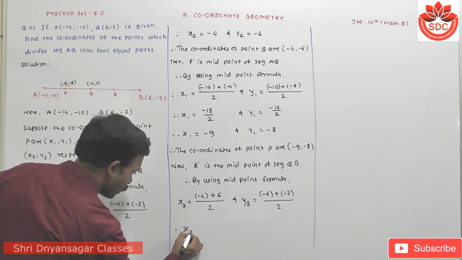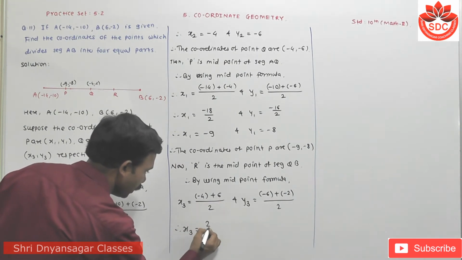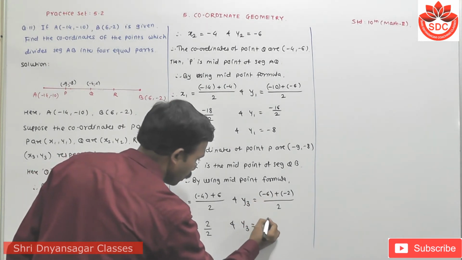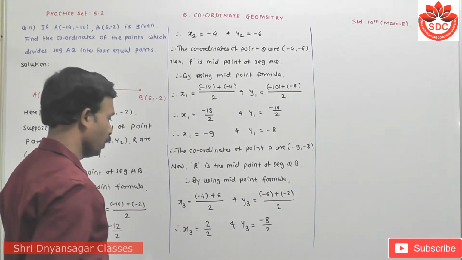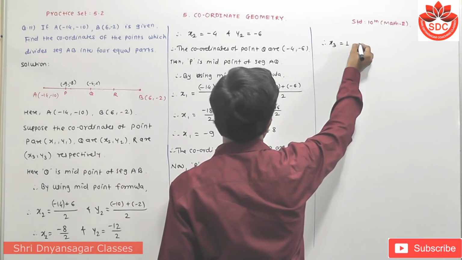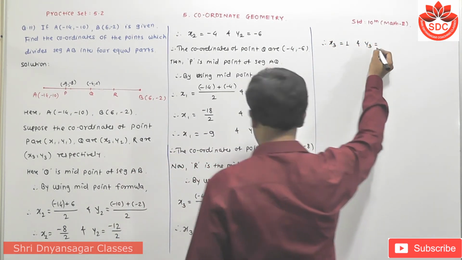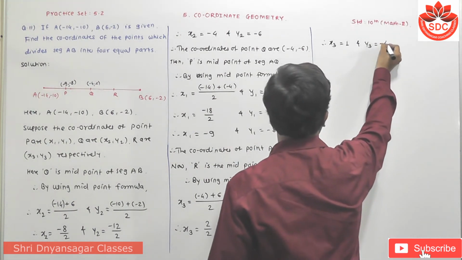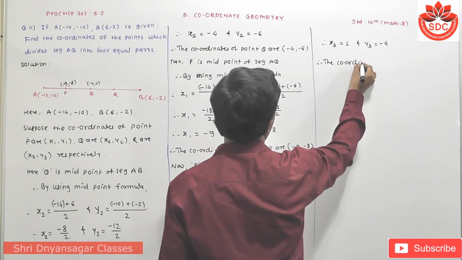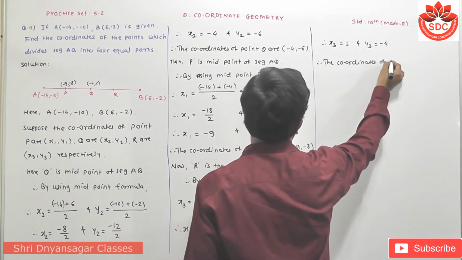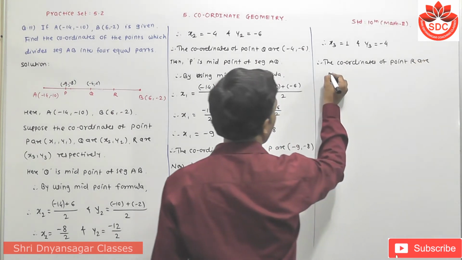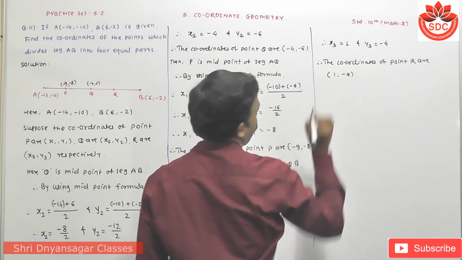Therefore, x3 is equal to 2 upon 2 and y3 is equal to -8 upon 2. When we simplify, x3 equals 1 and y3 equals -4. Therefore, the coordinates of point R are (1, -4).